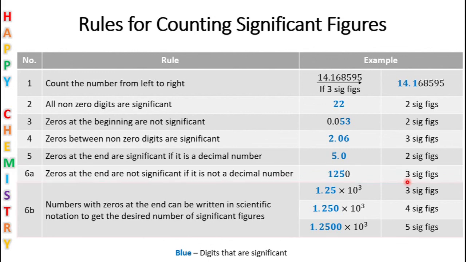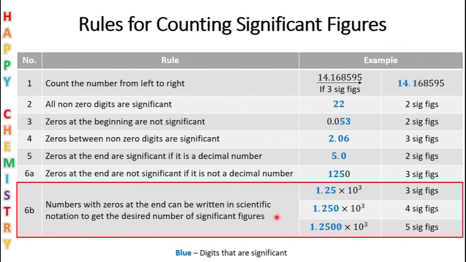There's a second part of rule number 6. That is, the numbers with zeros at the end can be written in scientific notation to get the desired number of significant figures.